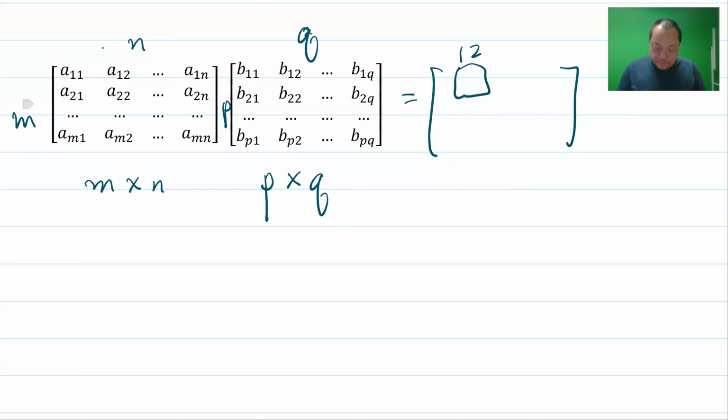Let's take the 1, 2 position, row 1, column 2.